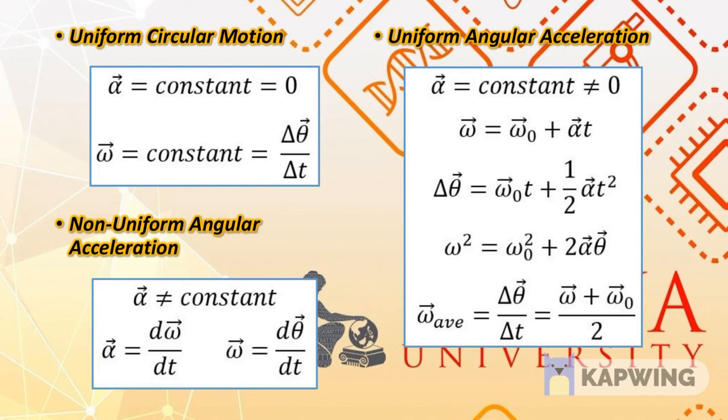Therefore, these equations are relatively easy to remember as long as you remember the equations for your linear kinematics. All you need to do is replace the variables with their rotational counterparts, their angular counterparts. Replace x with theta, replace v with omega, and replace a with alpha, and you have your angular kinematics equations.